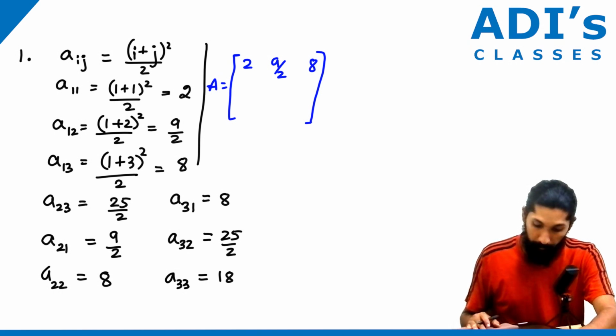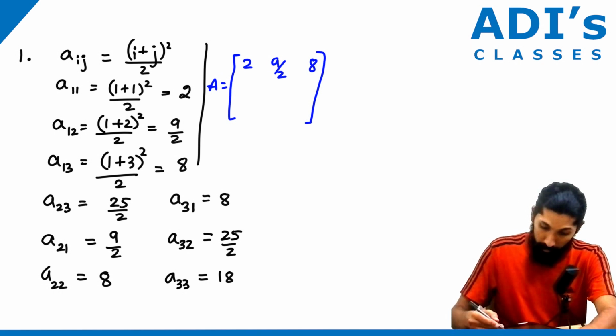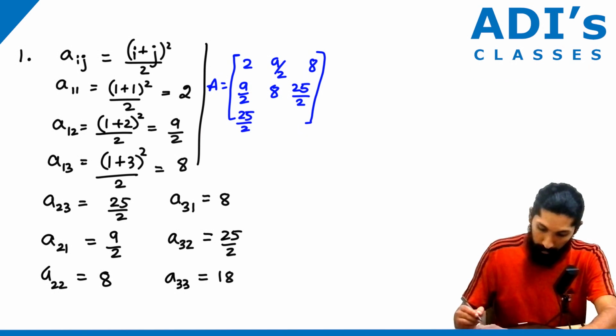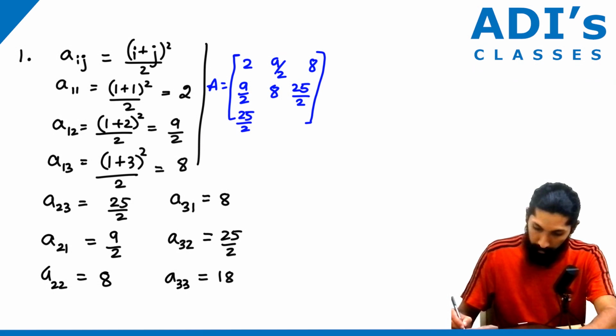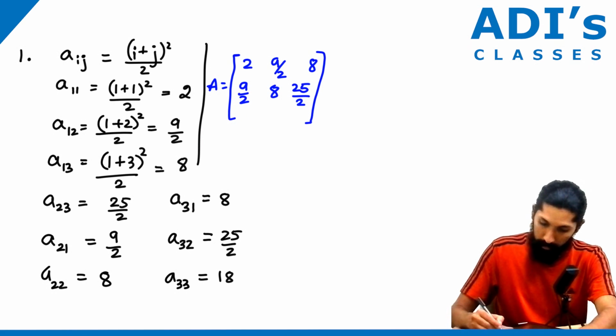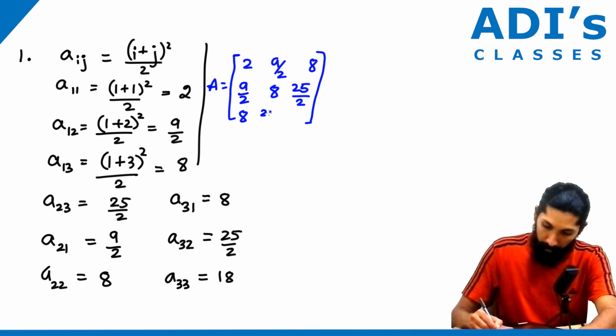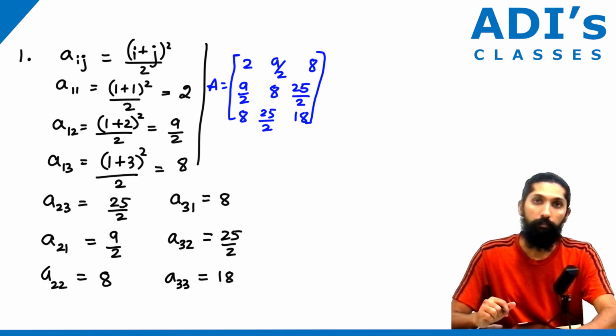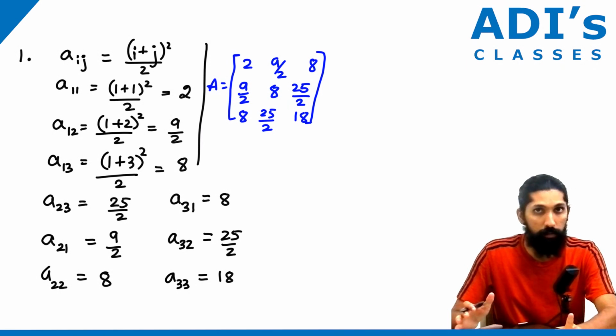The next row: A21 is equal to 9 by 2, A22 is equal to 8. Next is 25 by 2. Oh, sorry. I think the next one is supposed to be 8, correct? So the next one is 8, then 25 by 2, and the last one is 18. So you're going to have a matrix like this. This is the answer for the first one.